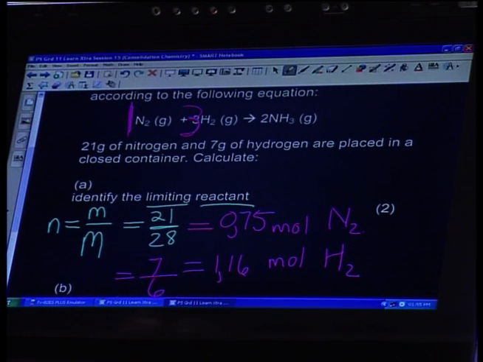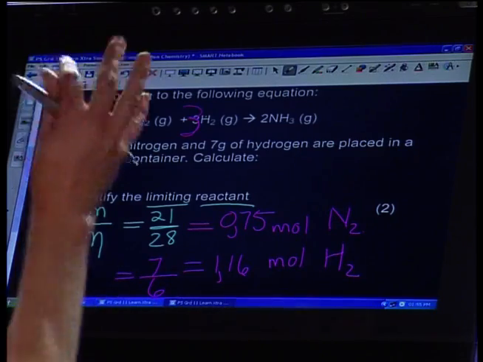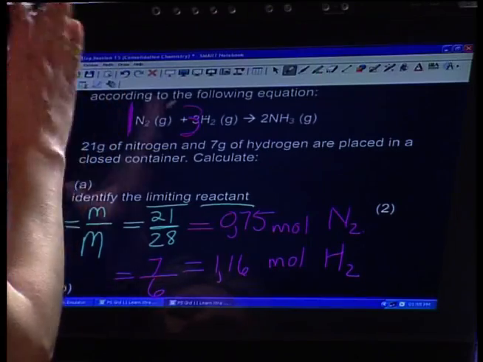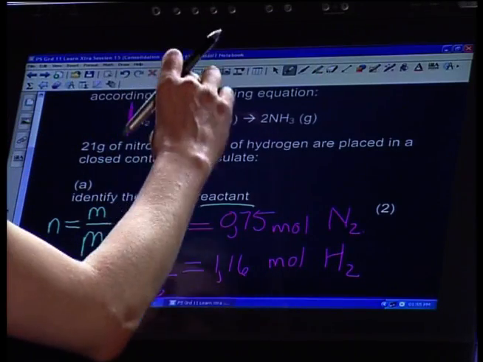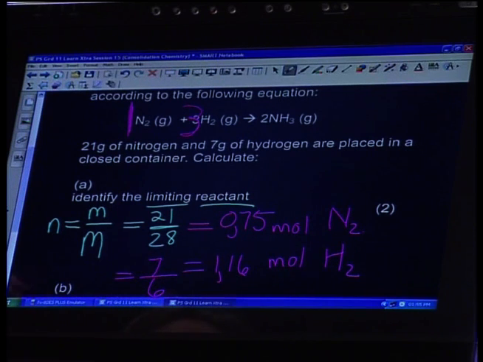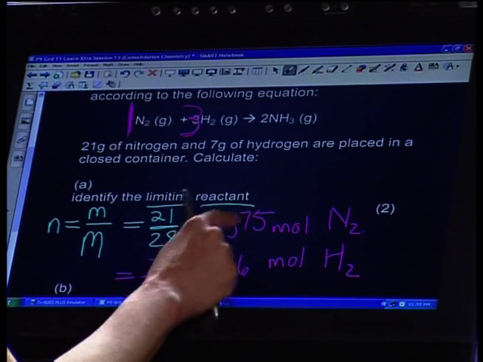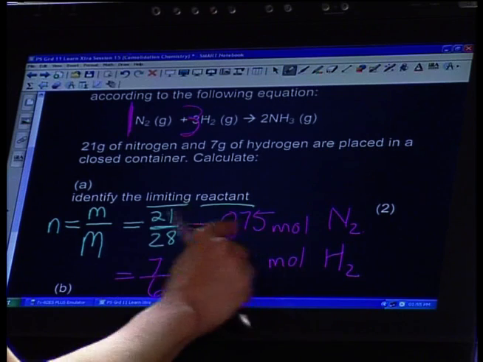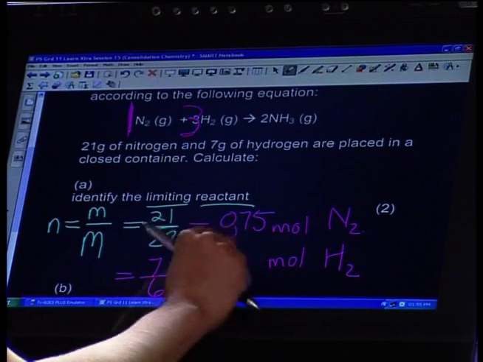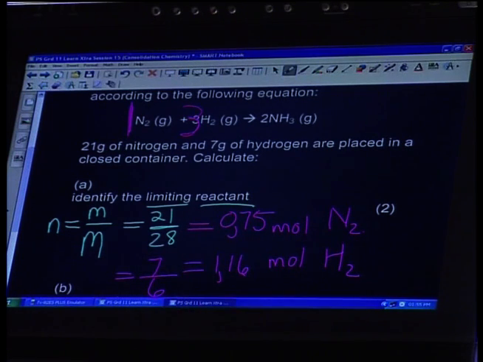So that's 3/4 times 3, and I don't have nearly that. I don't even have double. So the limiting reagent is hydrogen, because for every 1 nitrogen, I need 3 hydrogens. And if I'm going to use up all of my nitrogen, I'm going to need 3 times as much hydrogen, which I don't have. So that is why your hydrogen is your limiting reagent.